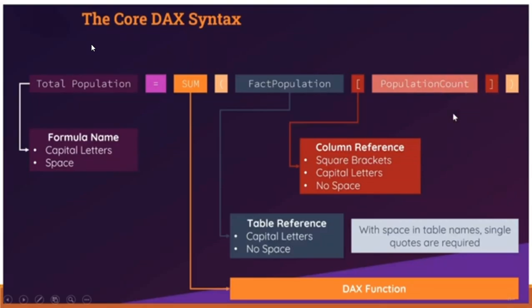So to avoid confusion, to give more clarity and structure to your formula, it is advisable to use this particular syntax. Again, this is not mandatory, but it is suggested, so that if anyone looks at your formula, he or she should not get confused.